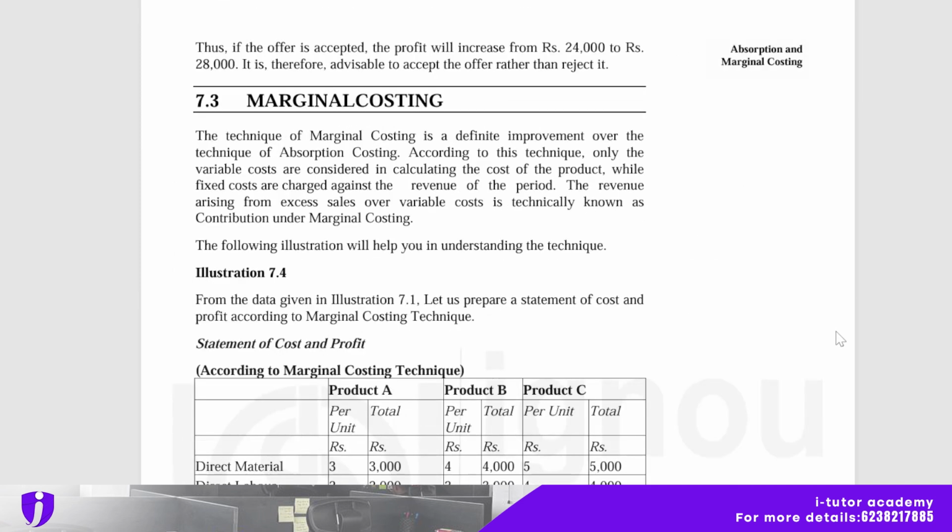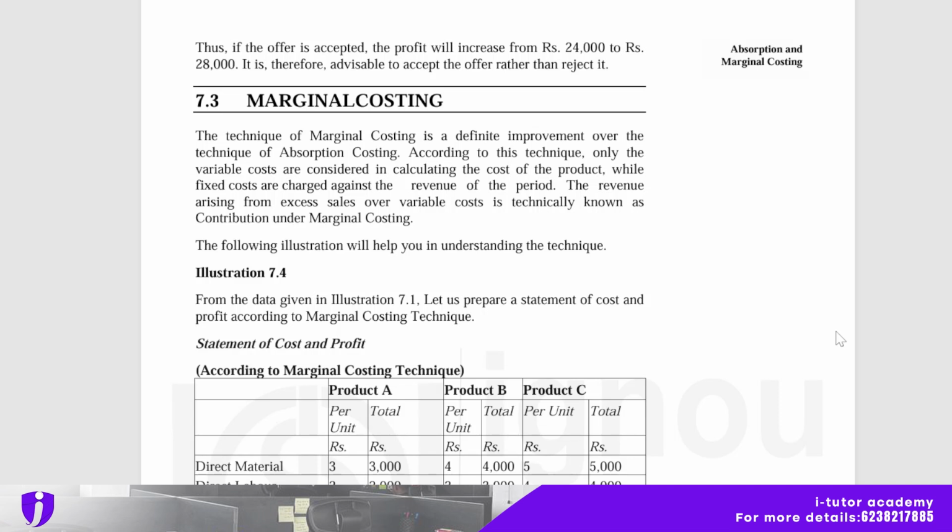And the next section is marginal costing. The technique of marginal costing is a definite improvement over the technique of absorption costing. According to this technique, only the variable costs are considered in calculating the cost of the product, while fixed costs are charged against the revenue of the period. The revenue arising from excess of sales over variable cost is technically known as contribution under marginal costing.